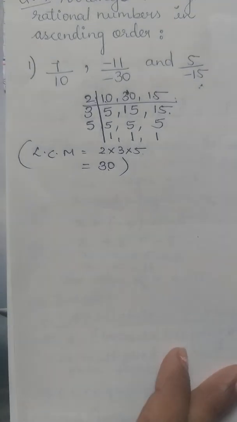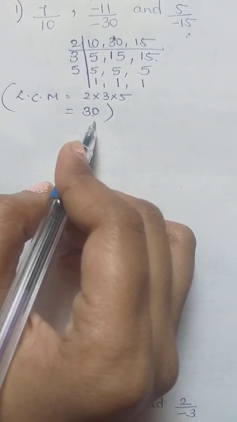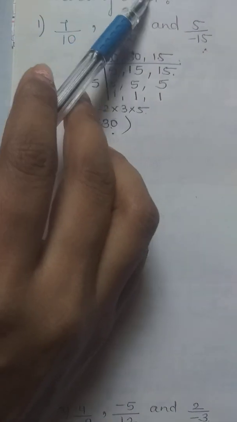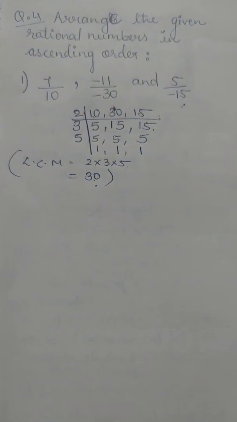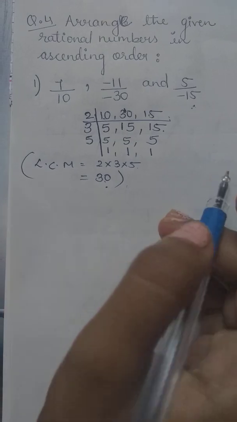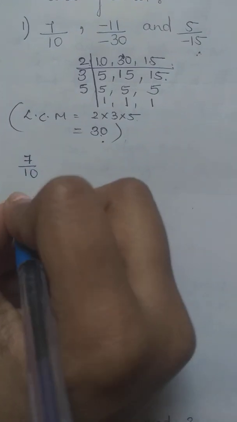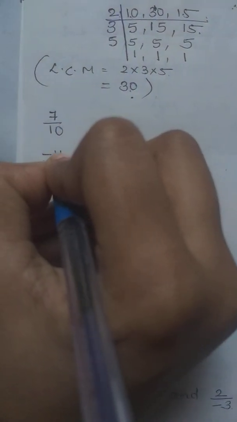Now what we will do, we'll make the denominator 30 so that we can find the numbers in ascending order. So first of all, we have to make the denominators the same. Okay, so now 7 by 10, minus 11 by 30 and 5 by 15.